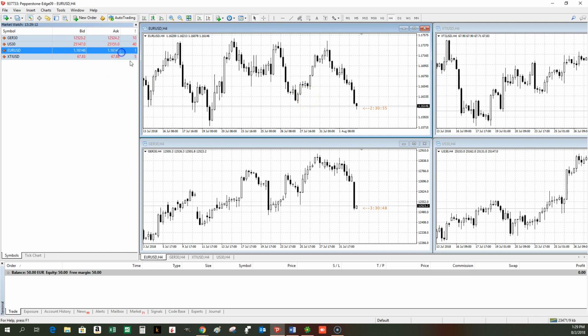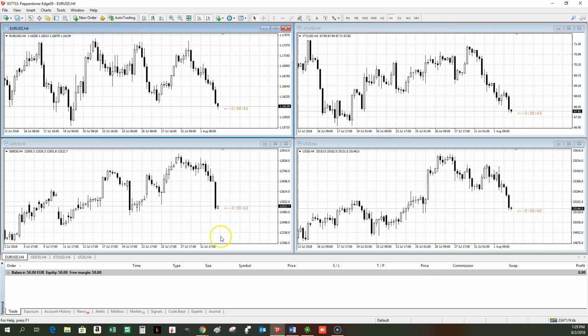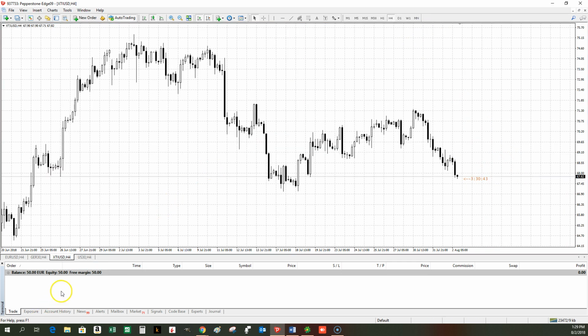And I'm going to choose, for instance, the crude oil. Let's try to open trades on the crude oil, just for you to see the margin. So we have a downtrend.